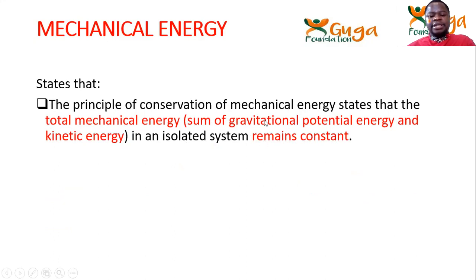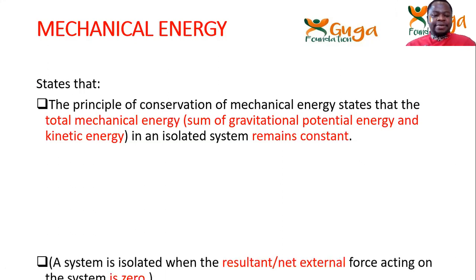This is just the sum of EP plus EK. In an isolated system, meaning a closed system, there are no external forces acting on an object.